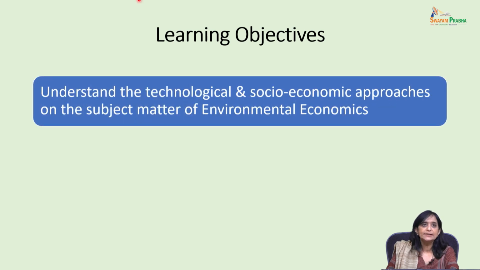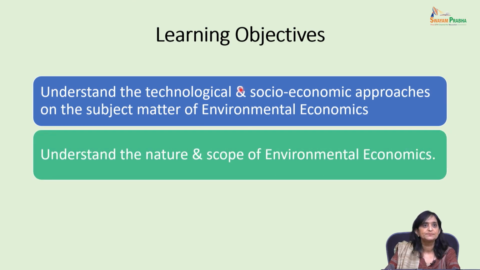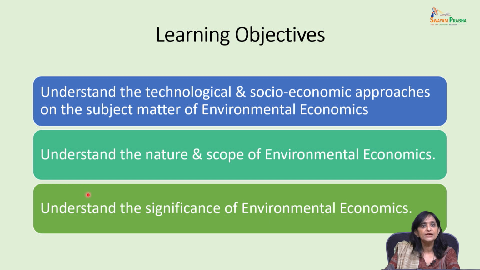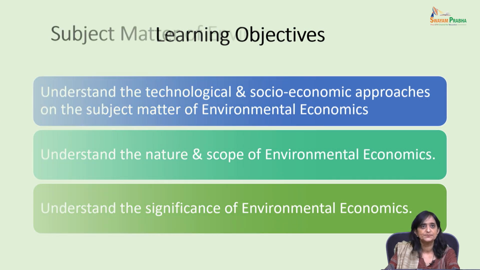We had already done the 4 approaches in lecture 1. In this, we will be taking care of the technological and the socio-economic approach of environmental economics. Then we will discuss the nature and scope of environmental economics. Thereafter, we'll understand the significance of studying this subject of environmental economics.